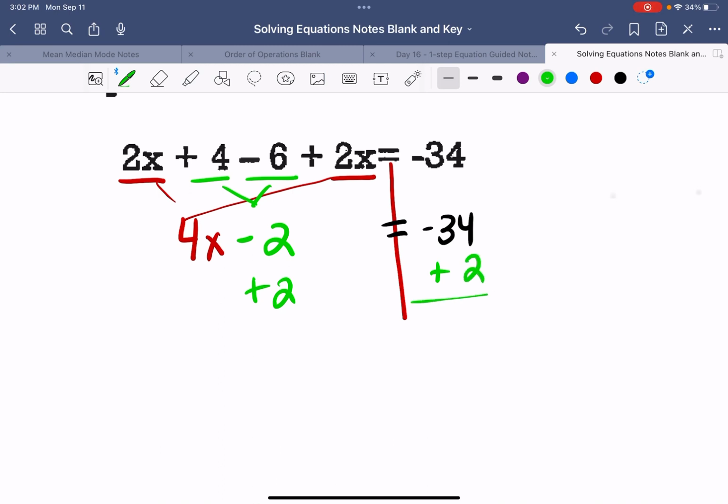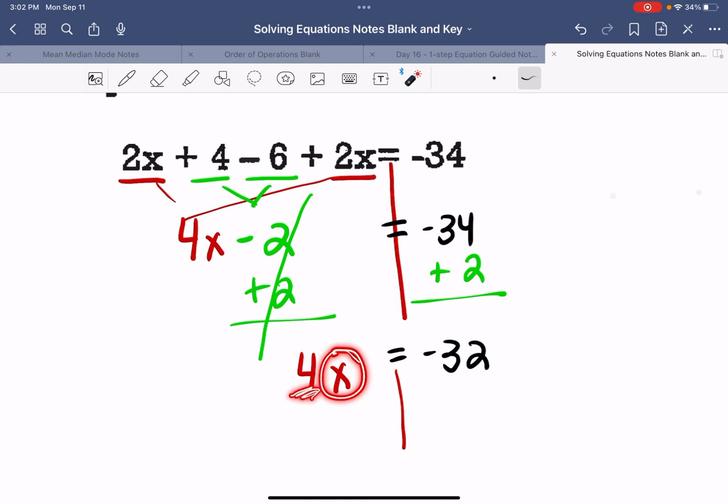2 to both sides. Your 2s cancel out, and you're left with, just bring it down, 4x is equal to negative 32. Now I'm down to a one-step equation. Awesome. Okay, so keep going. I need the x by itself, and this is here. I don't want it there.